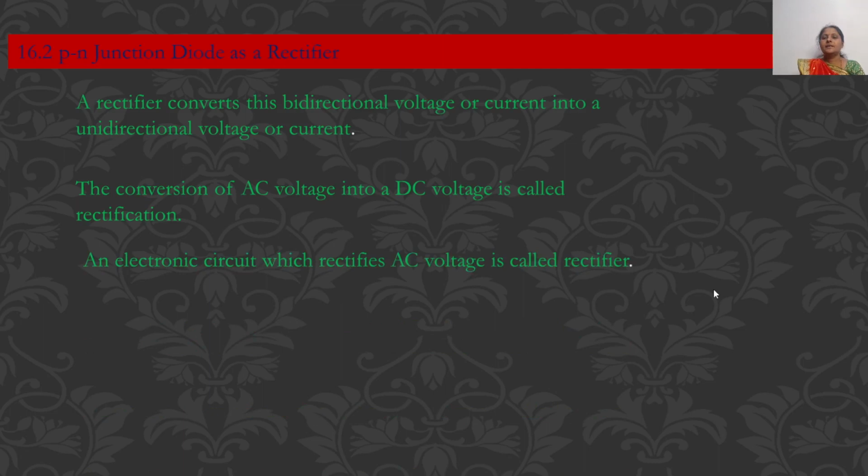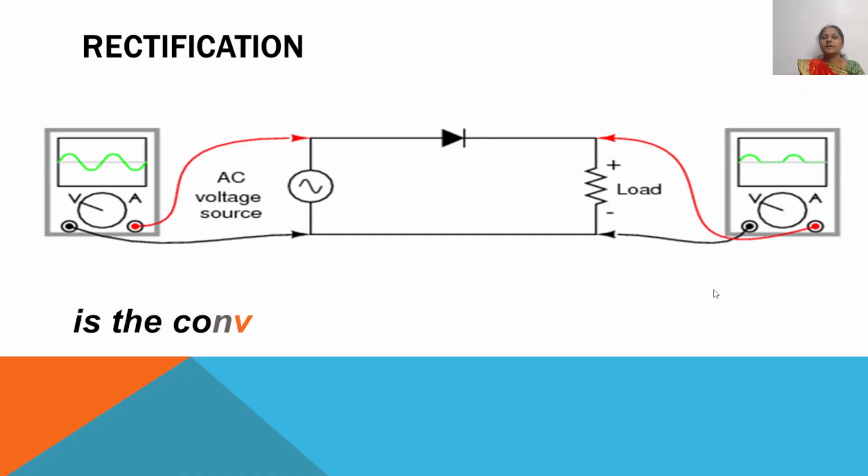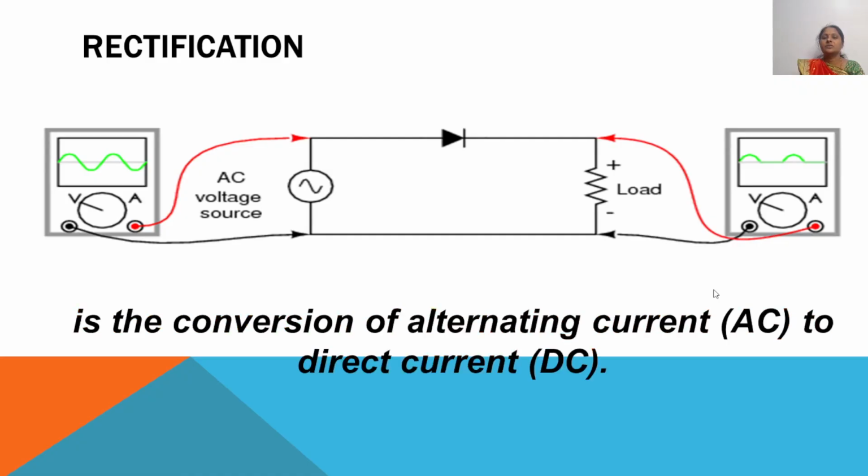An electronic circuit which rectifies AC voltage is called a rectifier. There are two types of rectifier circuit, half wave rectifier and full wave rectifier. Rectification is the conversion of alternating current to direct current.